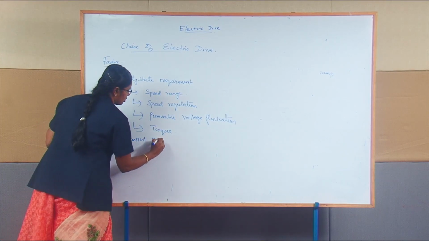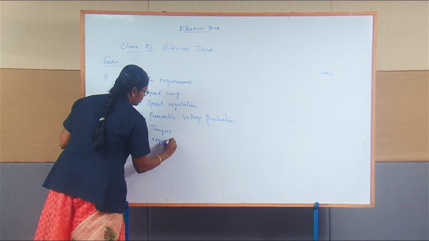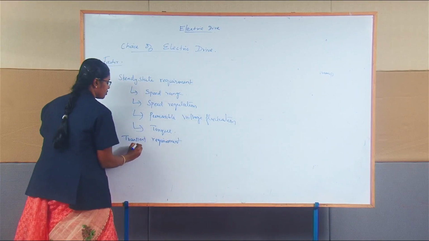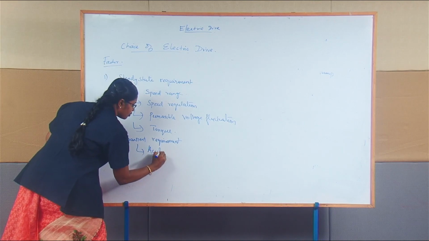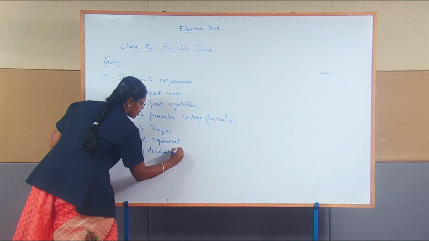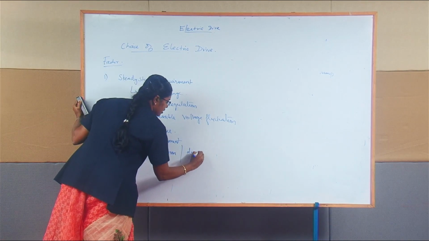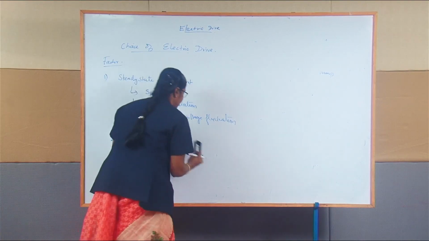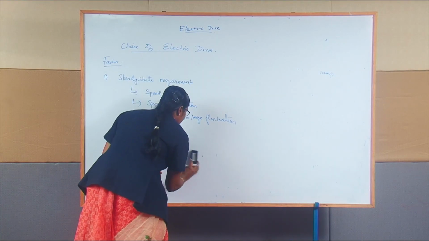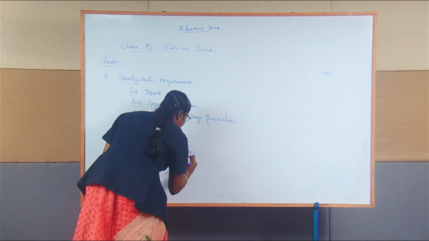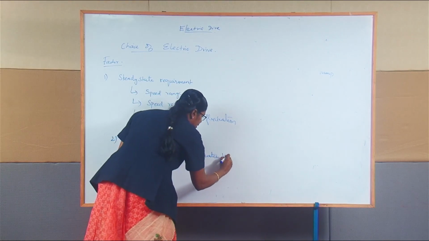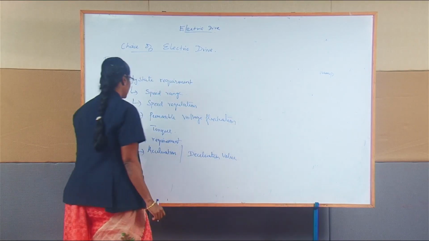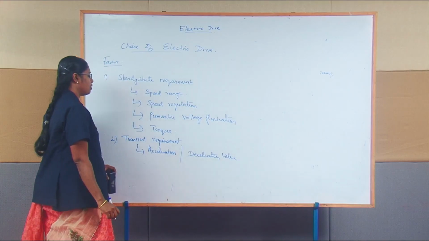Transient requirement includes the acceleration value, acceleration as well as deceleration values, right?